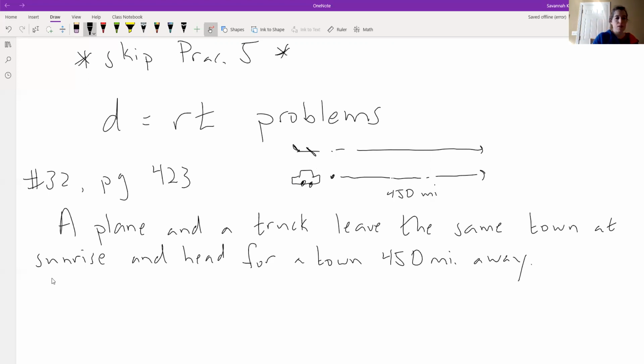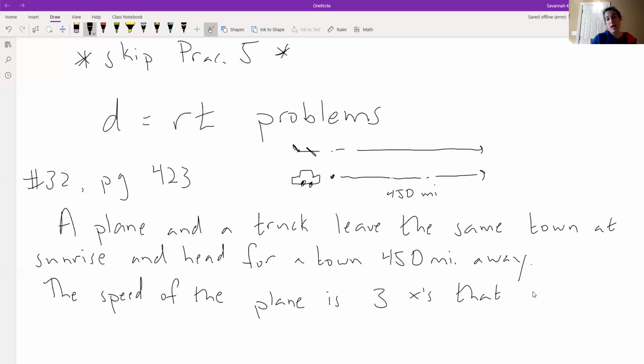Okay, so now we get into rates. So the speed of the plane is 3 times the speed, which I'm going to just say that, of the truck. So the plane's going 3 times faster than the truck.